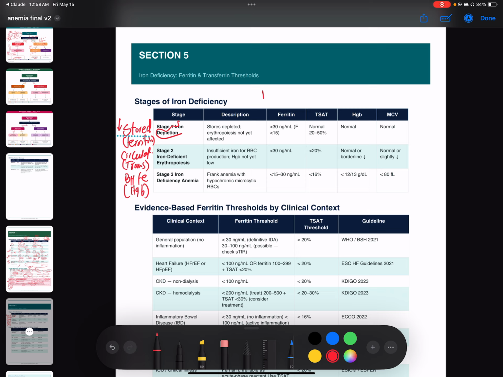So in stage one, you will find only the ferritin is low, which means you have low stored iron, but you still have good circulating iron, and this circulating iron going to the bone marrow is enough to normalize the hemoglobin. Here you don't have a hemoglobin issue, so the MCV will be normal, right? So if you see someone with normal hemoglobin and normal MCV as well, but the ferritin is low, that's an early sign of iron depletion.